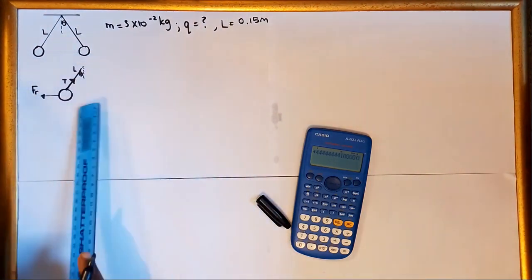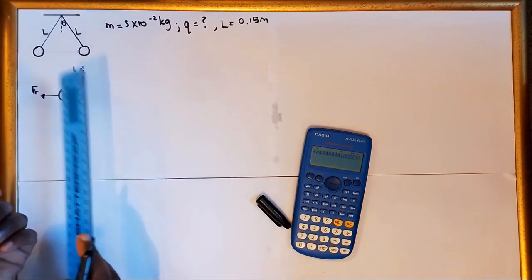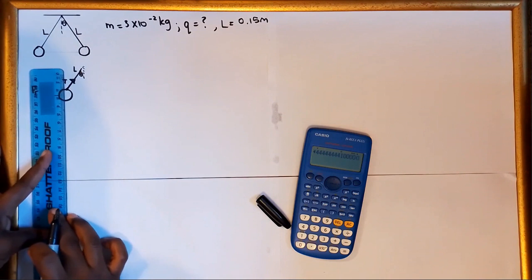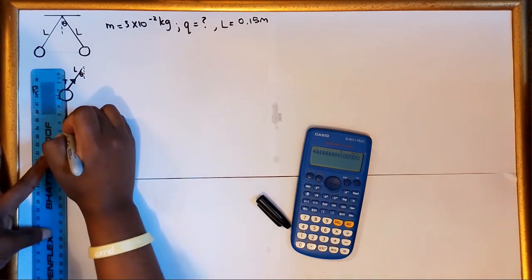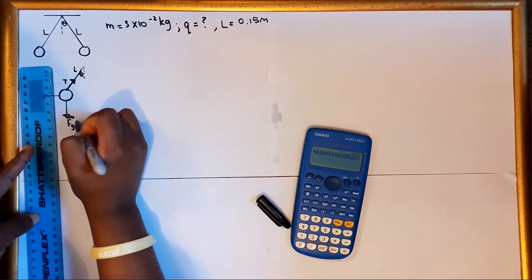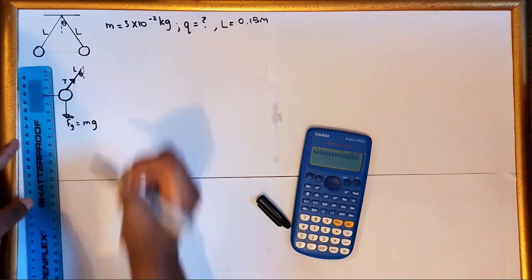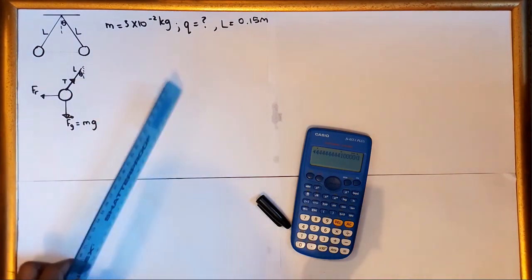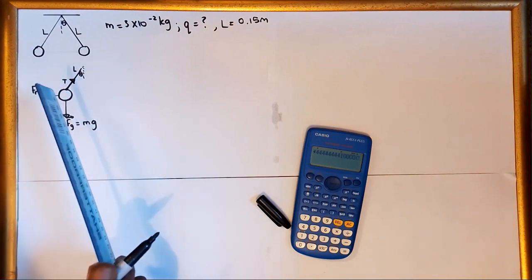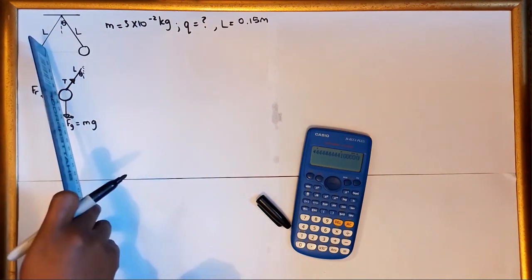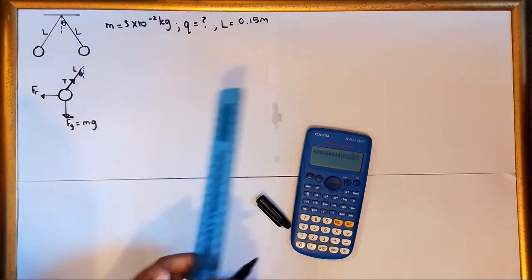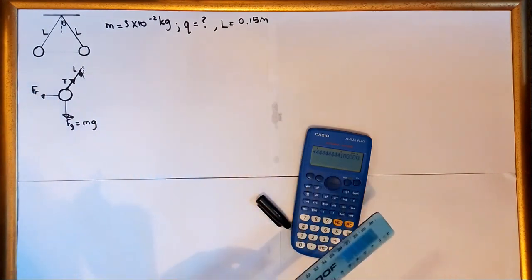We also know that this sphere has a gravitational force, the weight, FG, which is equal to mg. And so these are all the forces acting on the sphere, and they tell us that the spheres come into equilibrium when the angle theta here is 5 degrees.